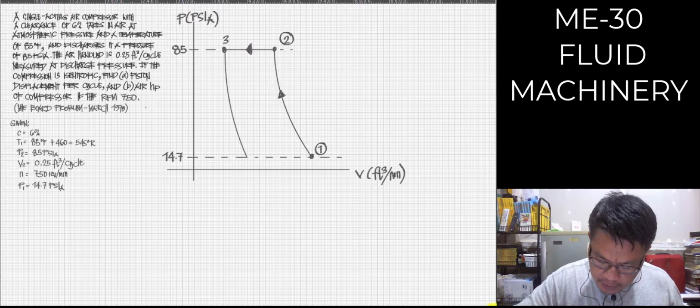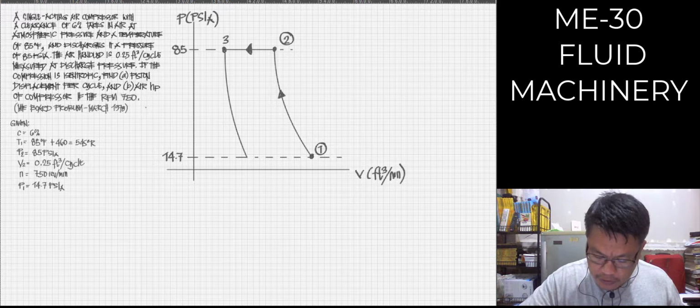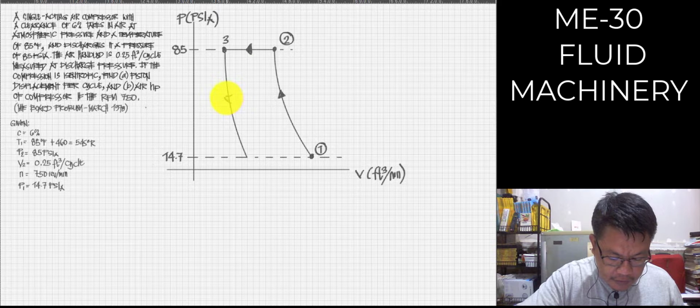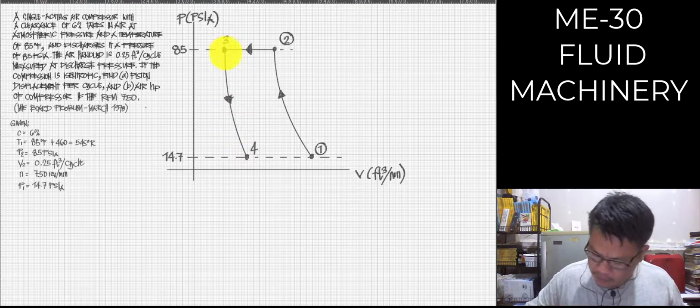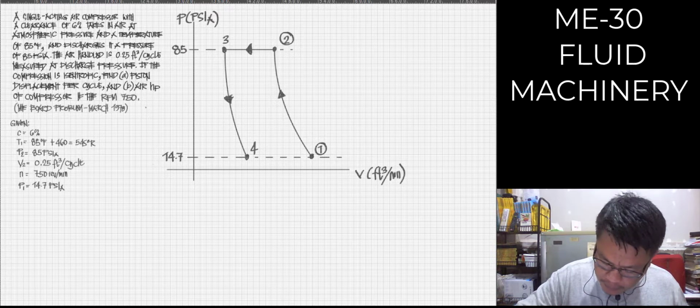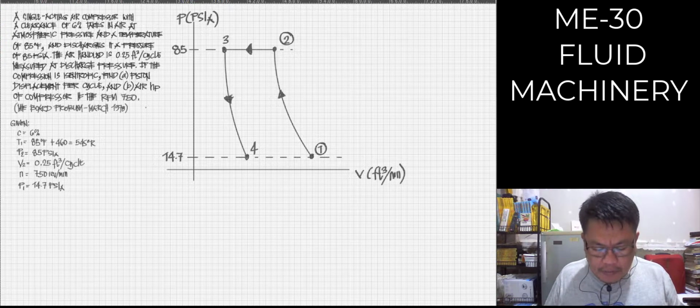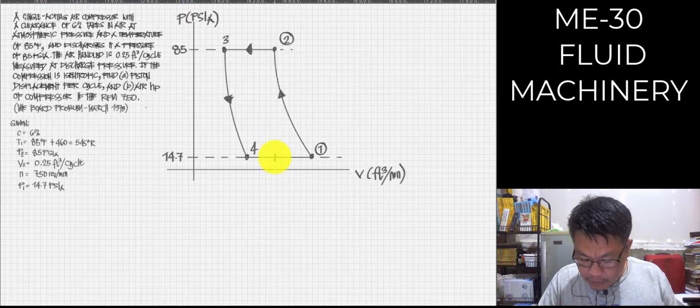Then finally I have my point 4. Traveling from 3 to point 4 will become our suction stroke, again drawing a straight line connecting that, going back there.